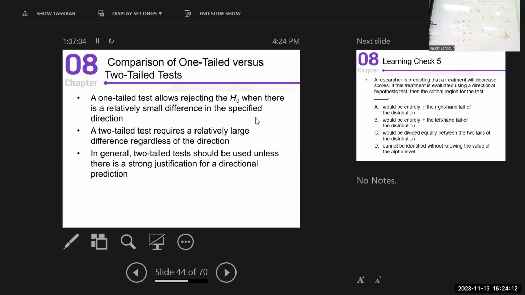Anything? Yeah. Oh, two-tail, one-tail, in this slide deck.